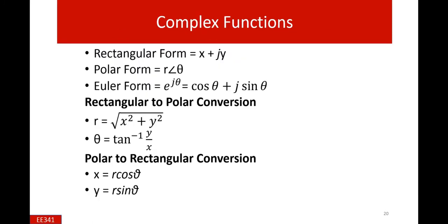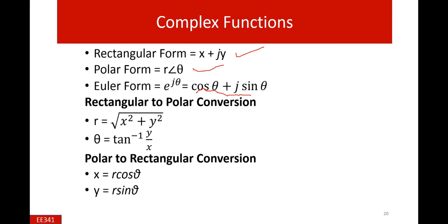Okay, these fundamental relations will be helpful to find or manipulate complex functions. There are also conversions from rectangular to polar and polar to rectangular form. This is the representation in rectangular form, this is the representation in polar form, and this is another way to represent it.